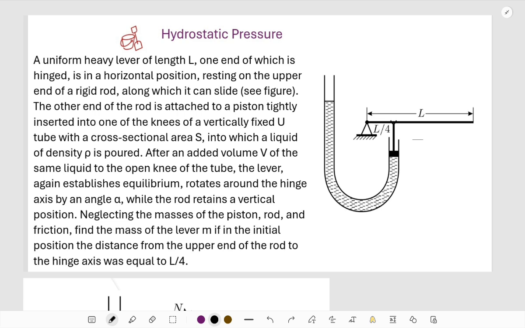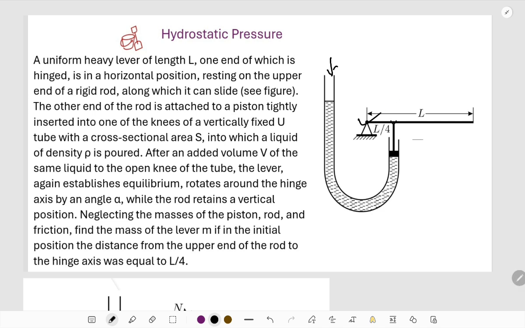After an added volume V of the same liquid, okay, that means same density, to the open knee of the tube, that means in this thing, okay, the lever again establishes equilibrium, but this time rotates around the hinge.